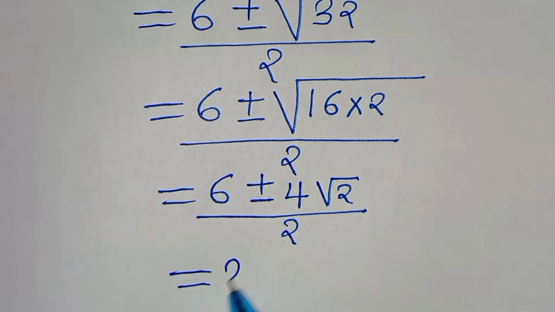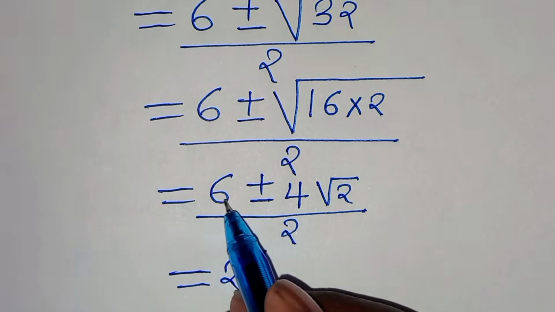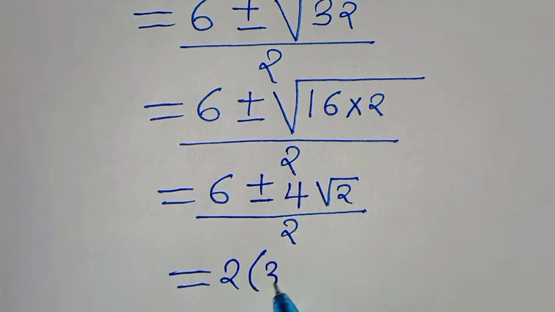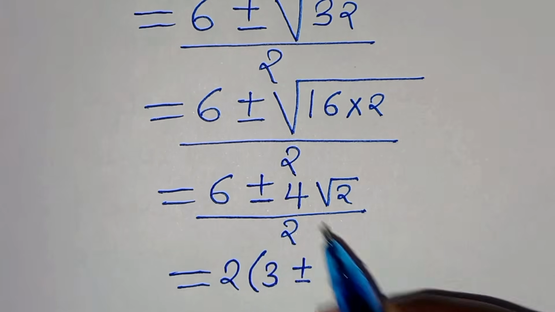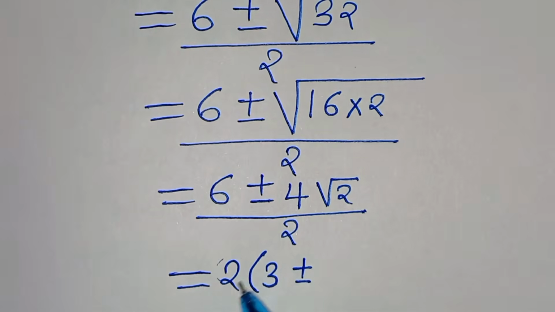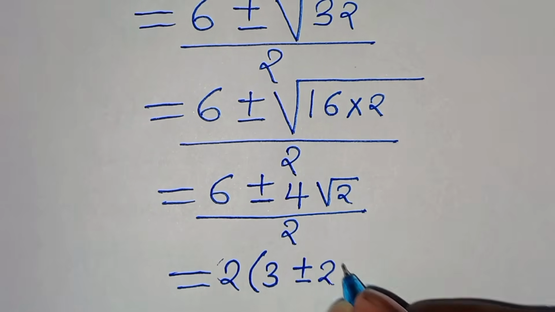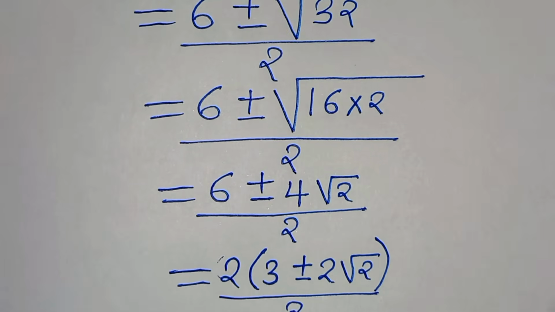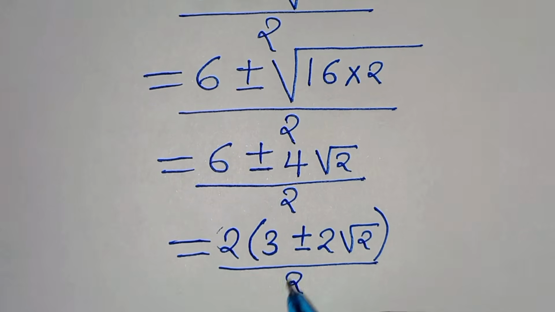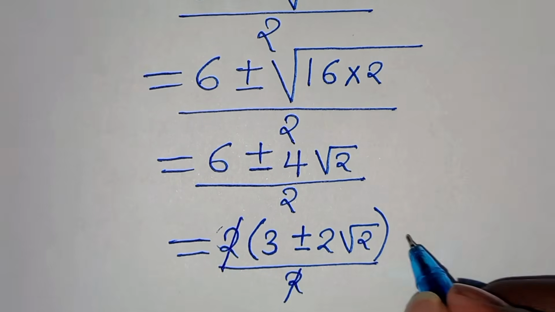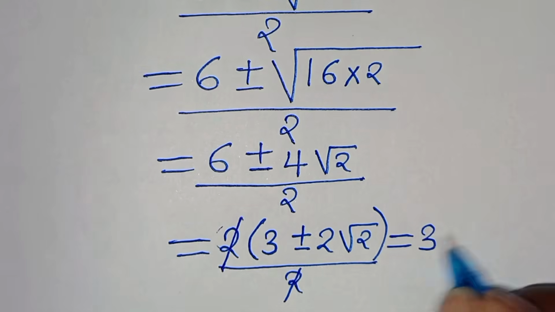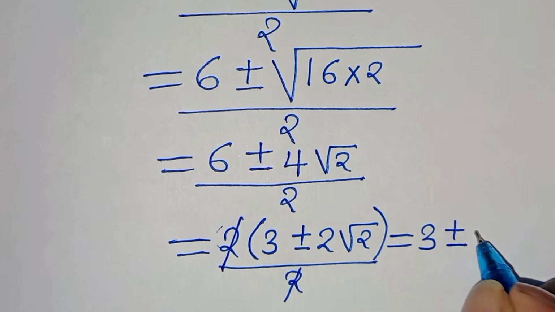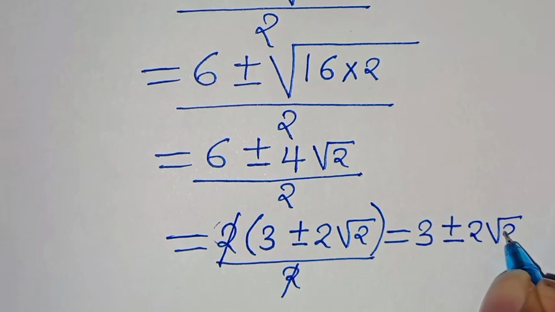We can factor out 2 so that now 6 divided by 2, this is 3, plus or minus 4 square root of 2 divided by 2, this is 2 square root of 2. Everything here divided by 2. So let's simplify 2 and 2 here, and this means we have 3 plus or minus 2 square root of 2.